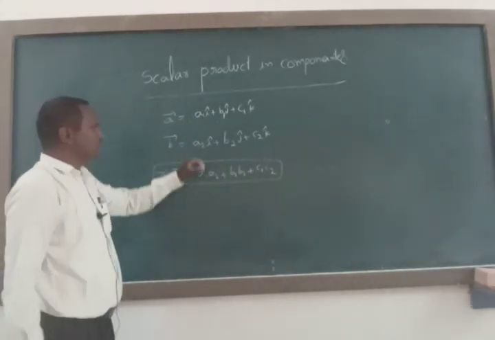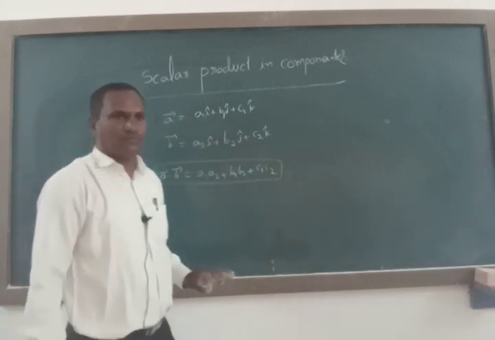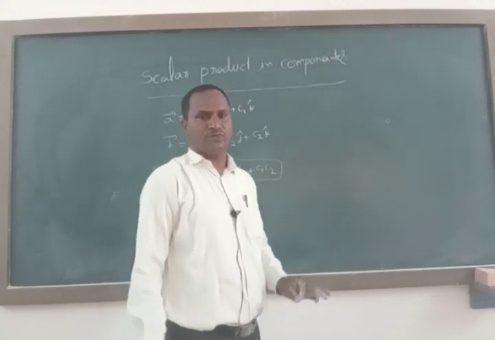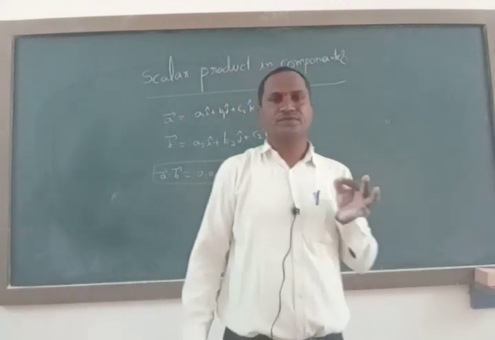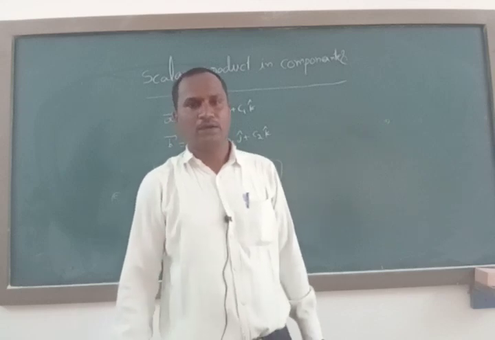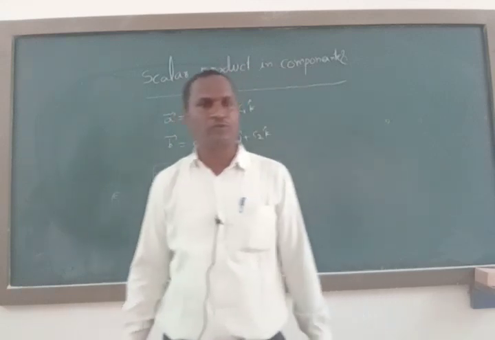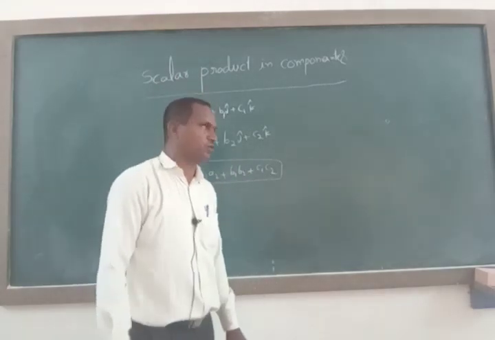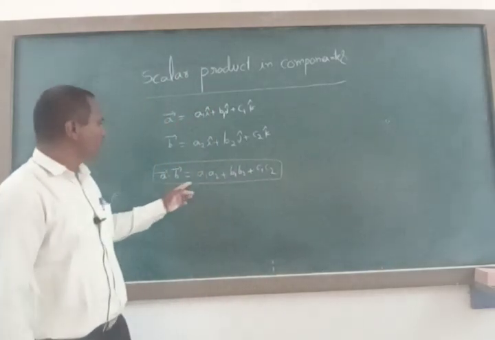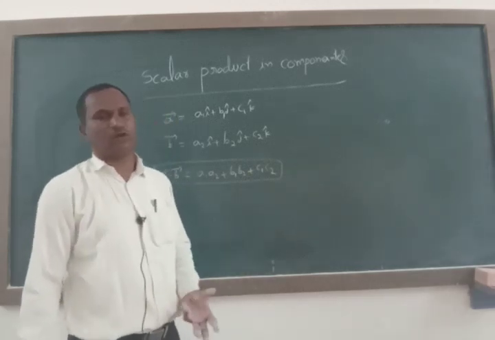How? It means we are taking the sum of the product of corresponding coefficients of i cap, j cap and k cap between the two vectors. That is always the scalar product of two vectors, and the scalar product is always one value, one scalar only. We'll get some real constant.